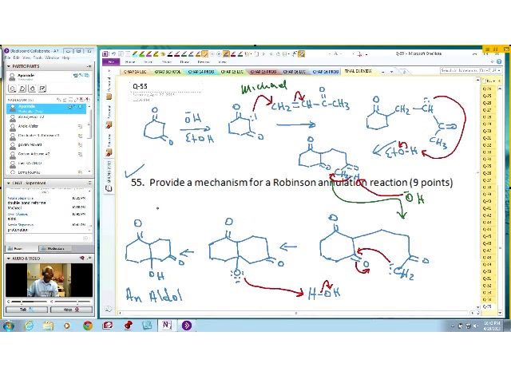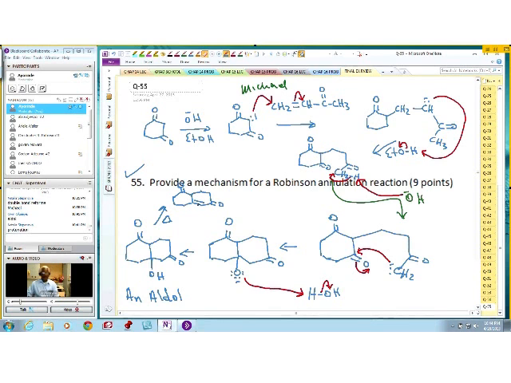And then finally, we apply heat, and we form this here, the alpha beta unsaturated ketone.